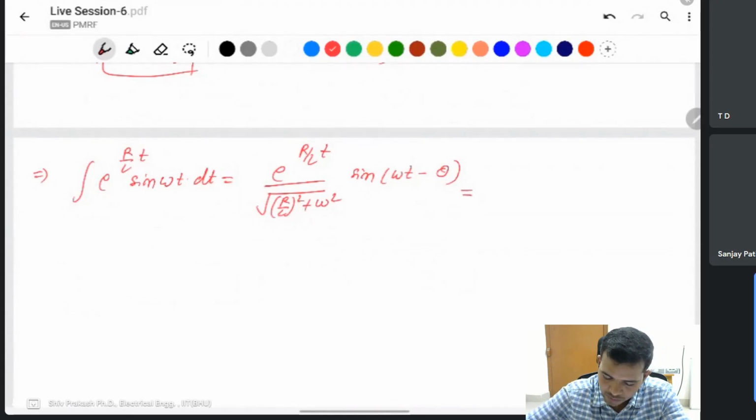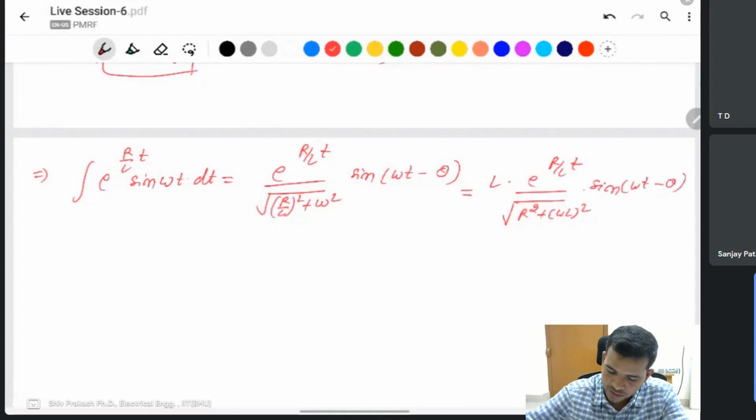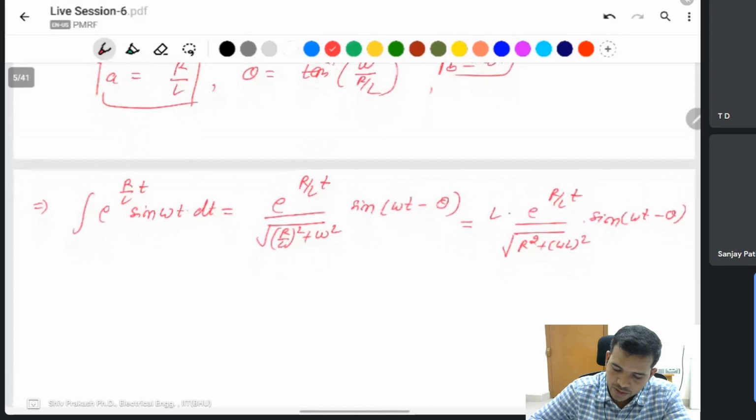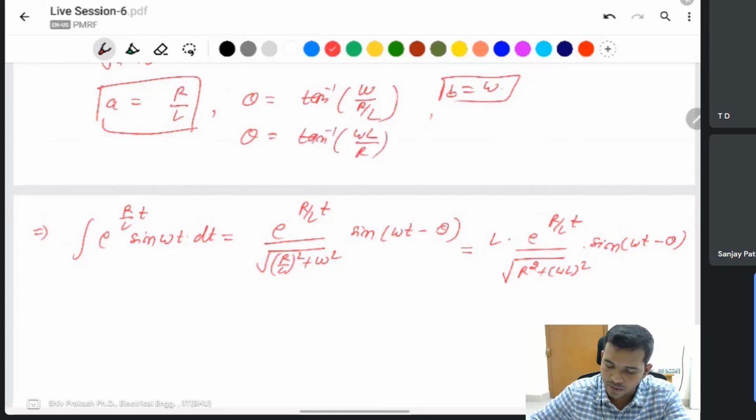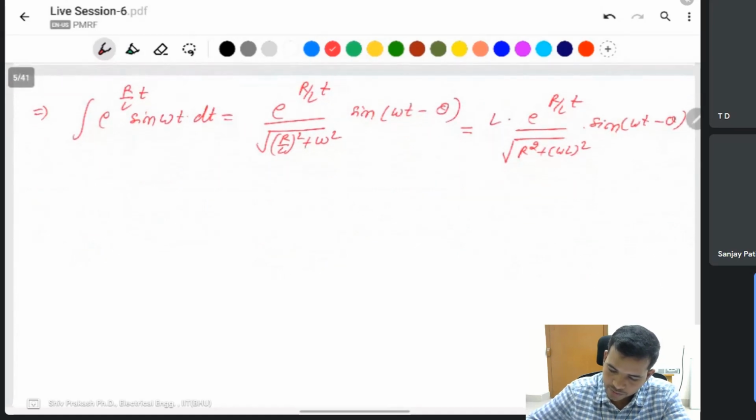Then if we take the LCM of L square in the denominator, we find denominator L into e power R by L into t divided by root of R square plus omega L square, into sin omega t minus theta. Now theta is tan inverse omega L by R, which is the angle of the RL circuit.